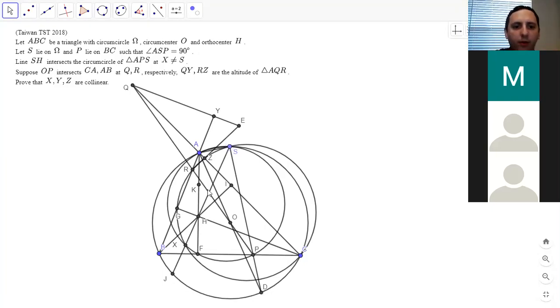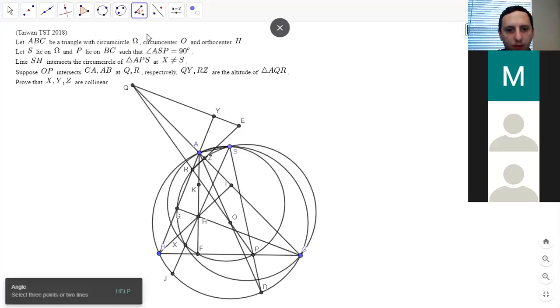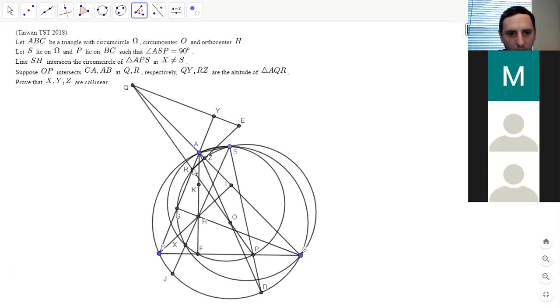Because they're both midpoints. So yeah, KX is parallel to AJ. I agree with that. But let me check something here. So is it true that RSC is a right angle? Yeah, interesting. This does not seem obvious to me.